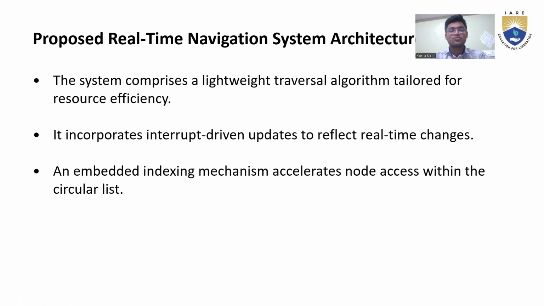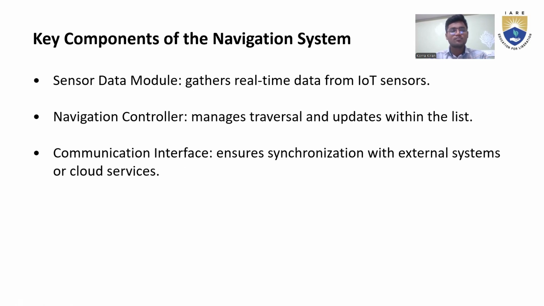At the same time, it has the algorithm which can operate the navigation system in the architecture. And the key components of the navigation system are, mainly, sensor data, one of the keys, because through the sensor data only we get something like sound which we are able to listen to. Another is the navigation controller, which manages the traversal and can update the information within the given list.